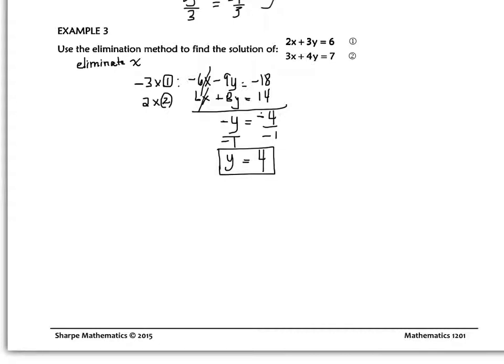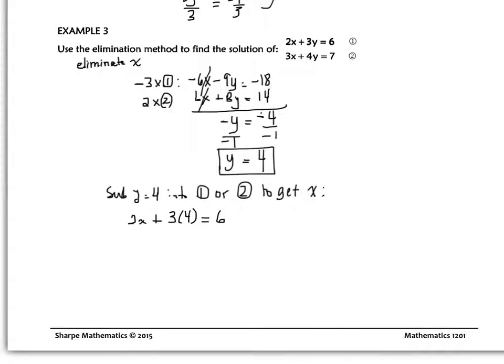And now I'm going to substitute y equals 4 into equation 1 or 2 to get x. So I'm going to pick equation 1, so 2x plus 3 times y, just figured out y was 4, so I'm going to plug 4 in for y, equals 6.